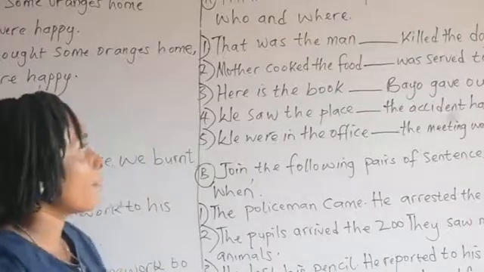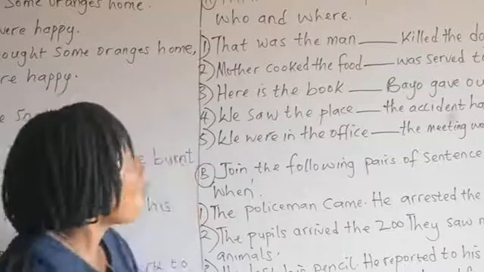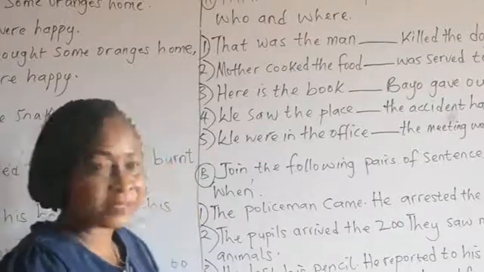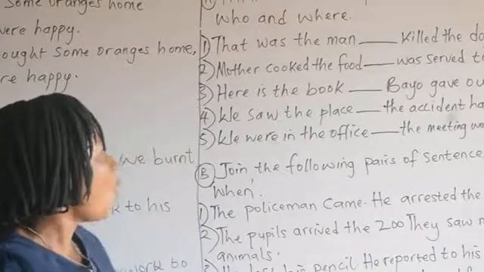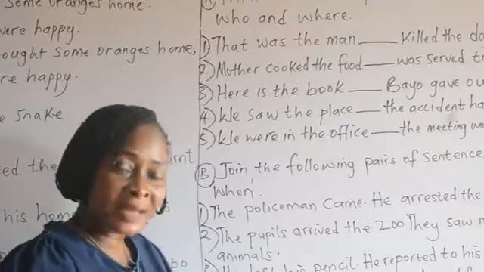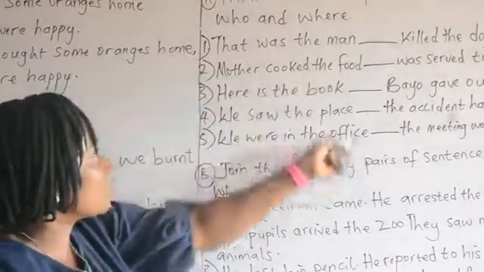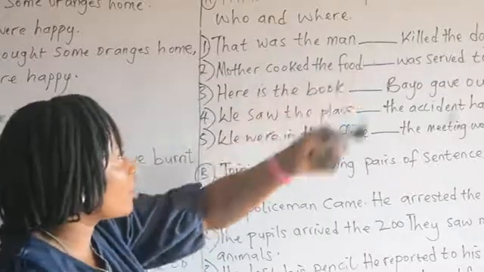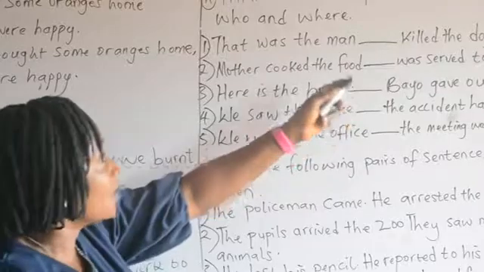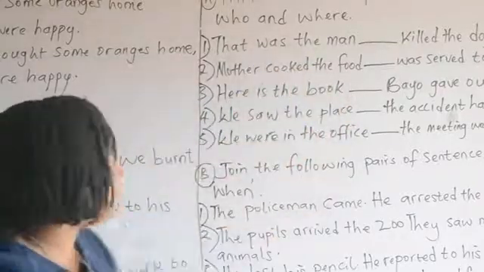Here is the book dash Bayo gave out. 4. We saw the place dash the accident happened. 5. We were in the office dash the meeting was held. So you are to fill in the blank spaces with the most appropriate words. "That" and "which" talk about a thing, "who" is a person, and "where" is a place.